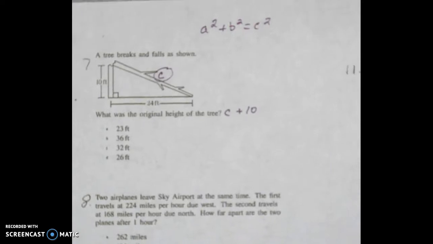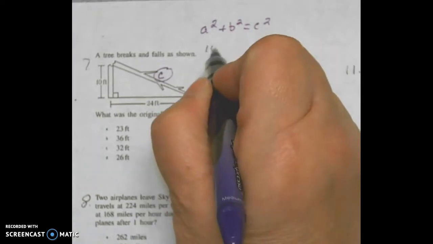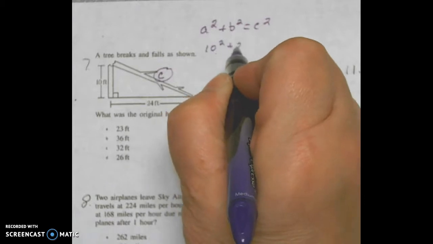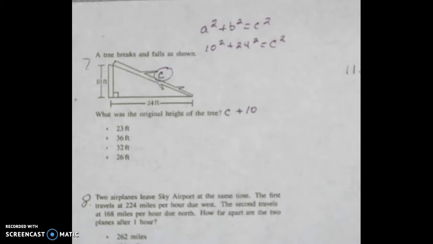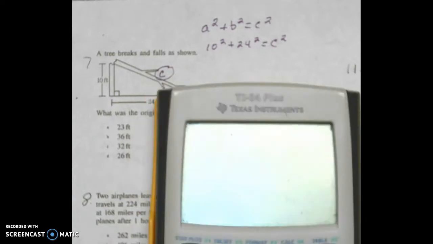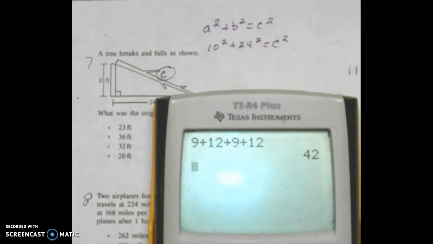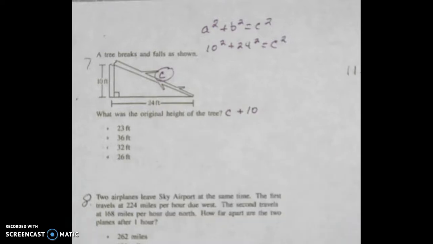I substitute in the values I have. 10 squared plus 24 squared will equal my C squared. And I go ahead and get some number crunching done with my calculator. 10 squared plus 24 squared is going to equal 676.